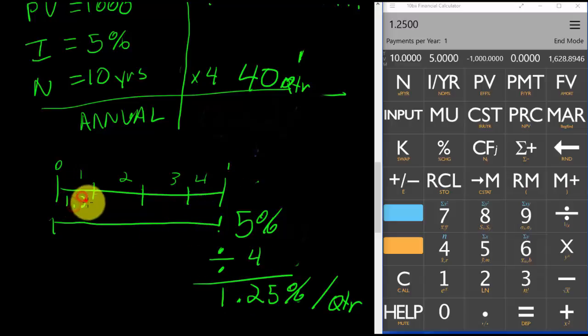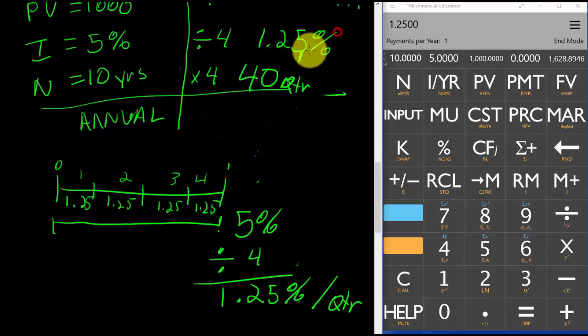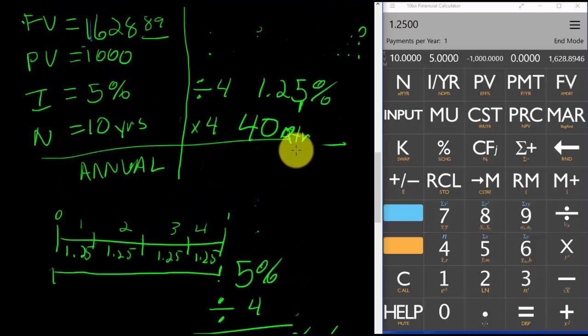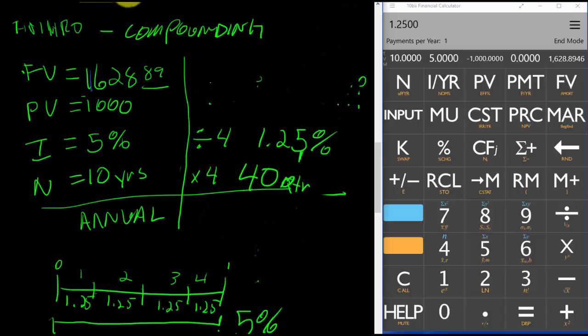So this is going to be 1.25, 1.25, 1.25, 1.25 for each quarter. So I'm going to go over here to interest rate, put divide by 4, and that gives me 1.25%.